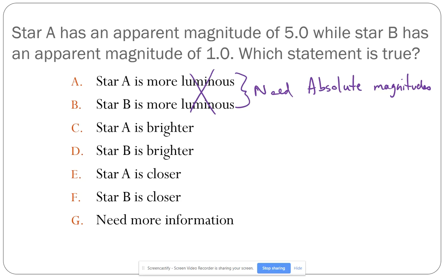Okay, brightness. What do we need to determine brightness? We need the apparent. Hey, that's what we have. Should be one of those two then. What would we need to determine the distance?